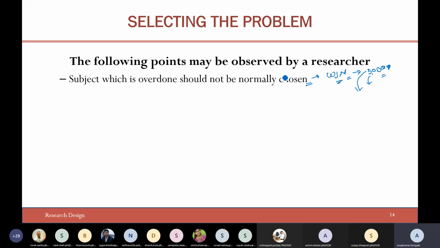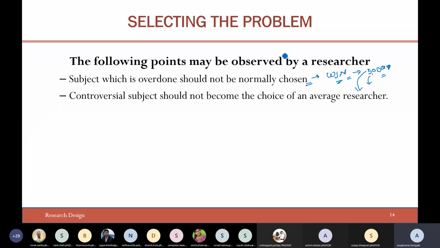So you should not take a problem statement which is overdone, and you should not end up in a situation where, if you propose a solution, it obviously will come out. That should not be the case, and one should be very cautious. A subject which is overdone should not normally be chosen, so everyone should take care.